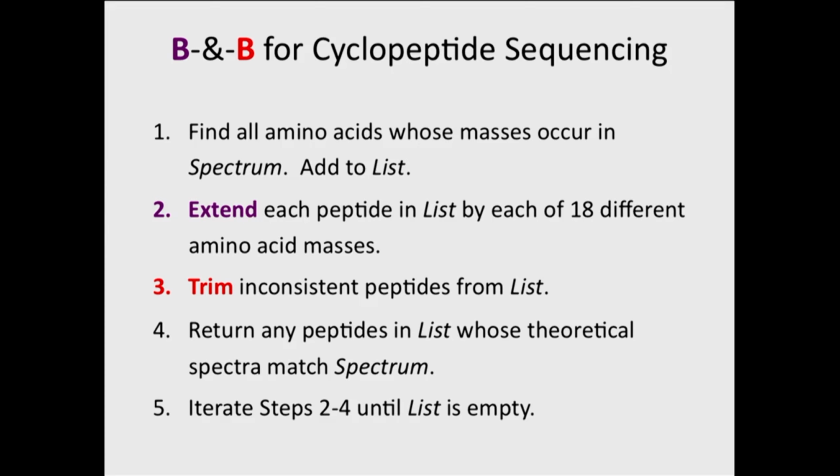Then we have this trim step where we take the inconsistent ones and get rid of them. Then we return any peptides whose theoretical spectra match the experimental spectrum we're given. And we do steps 2 through 4 over and over again, this branching and bounding and then testing, until we run out of peptides to consider, until we have all inconsistent peptides.